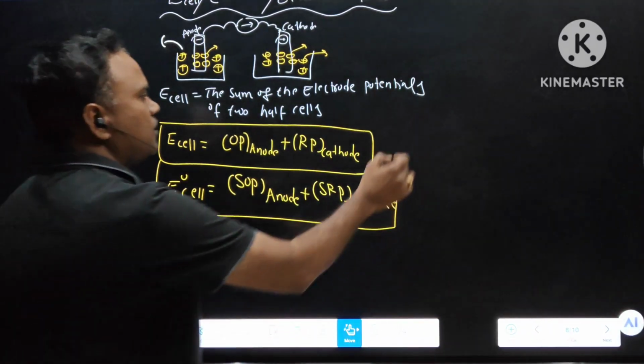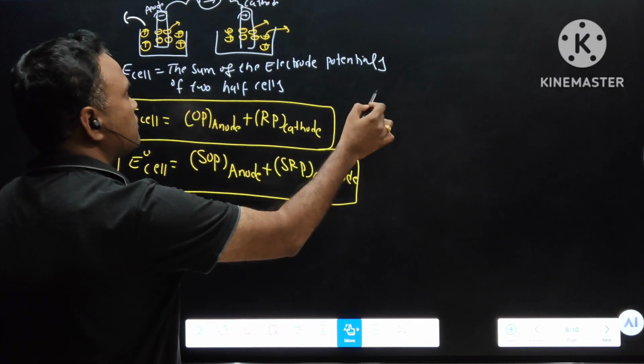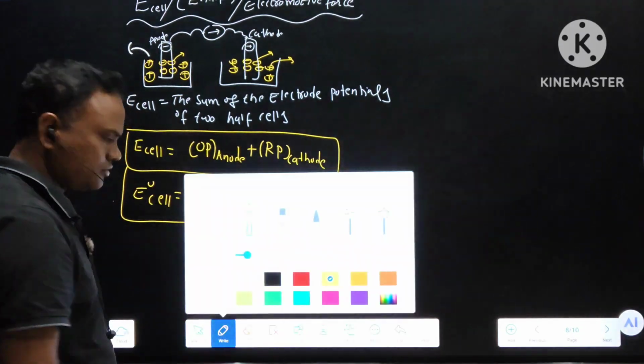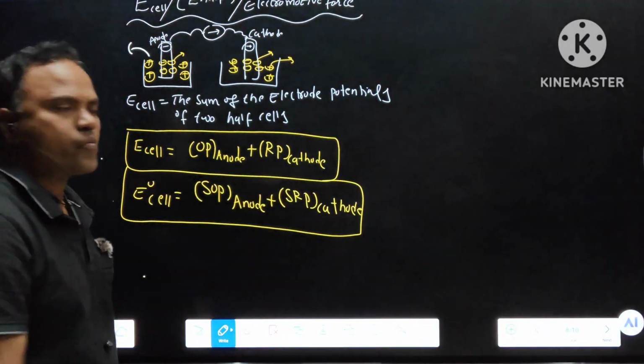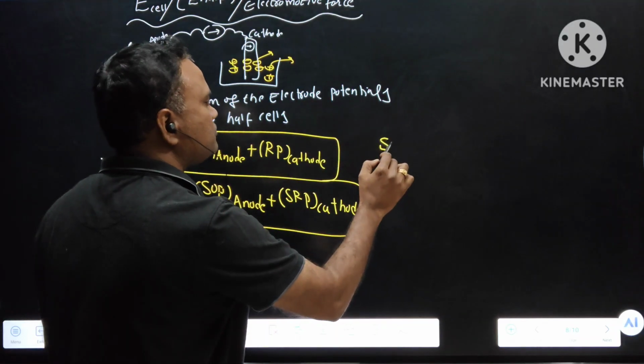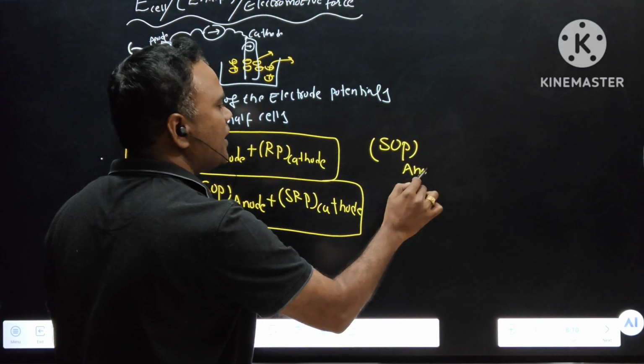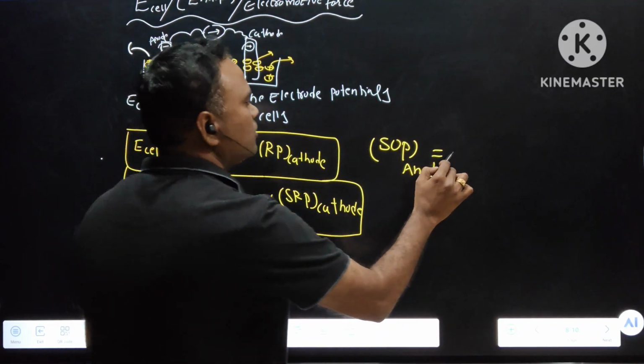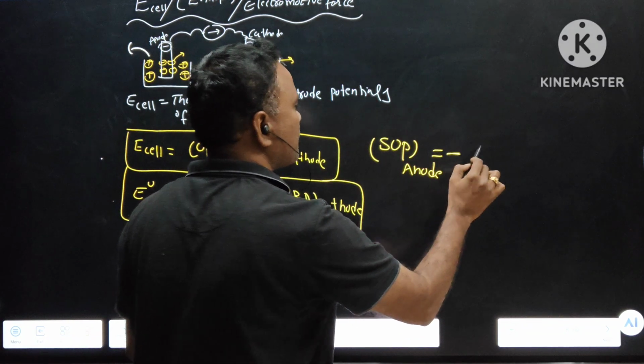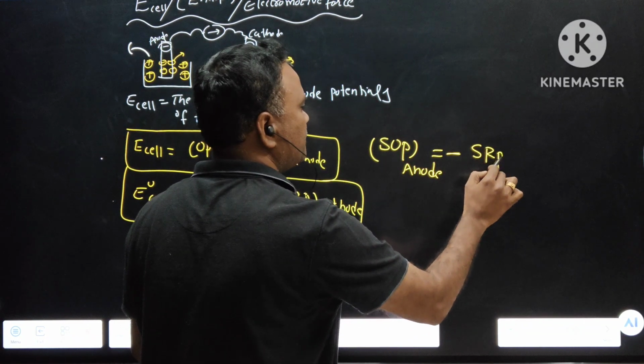Now I'm giving one relation to you. SOP, the standard oxidation potential of the anode, is equal to minus SRP.